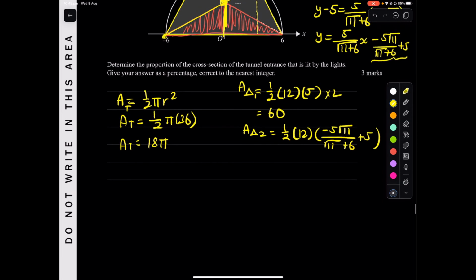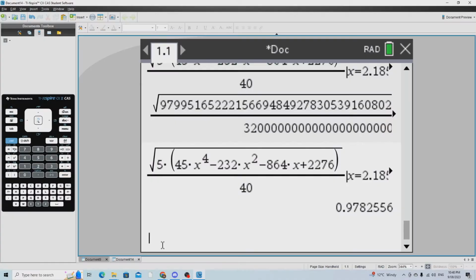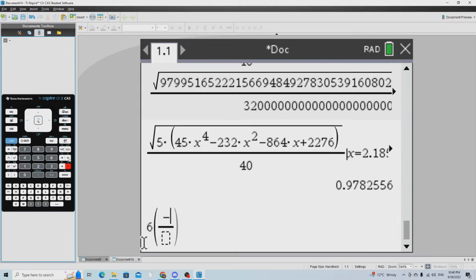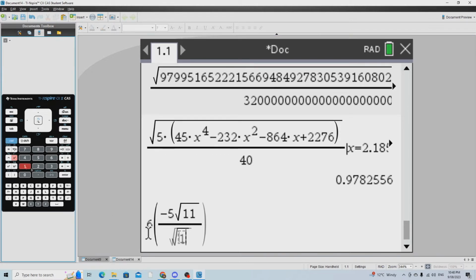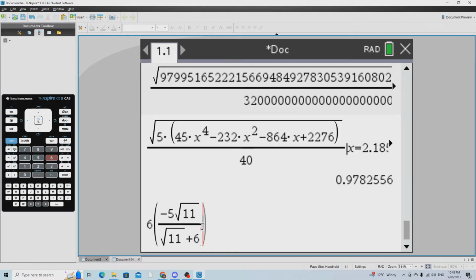we get area equals, let's do it on the calculator, so it'll be 6 times negative 5 root 11 over root 11 plus 6, plus 5.